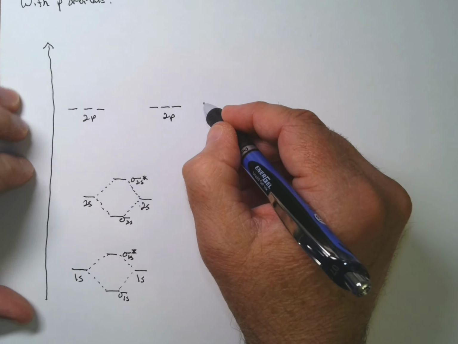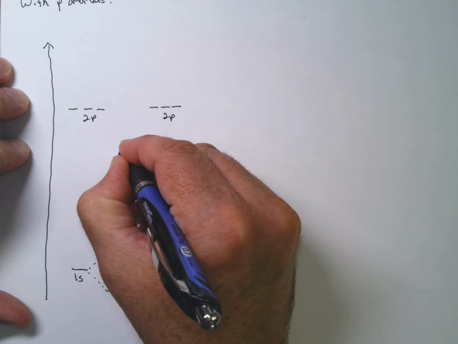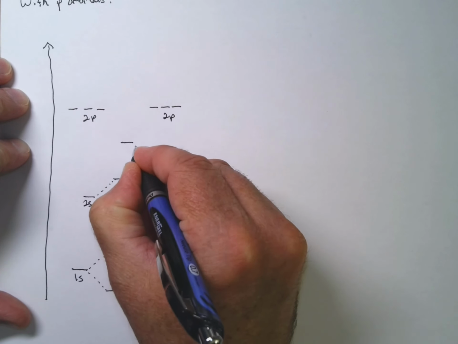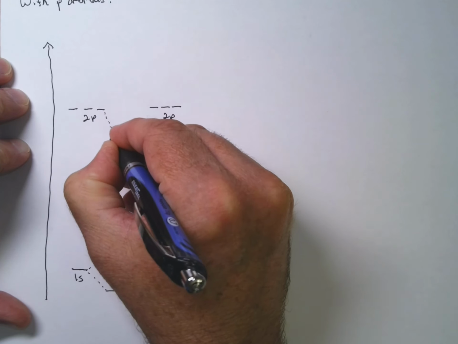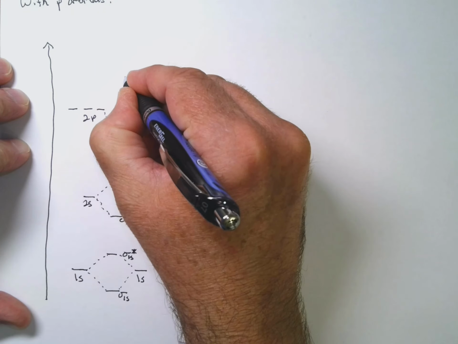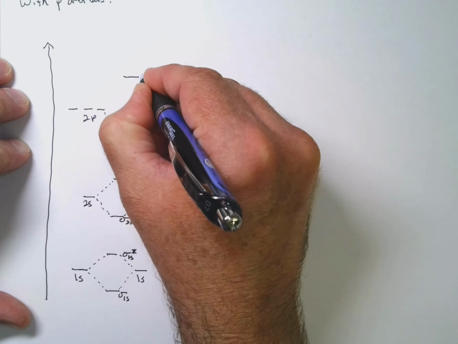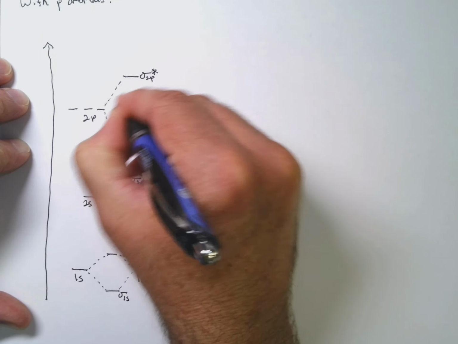And so we can get things in different combinations here. So we could get a sigma 2p orbital. We can also get a sigma star 2p orbital.